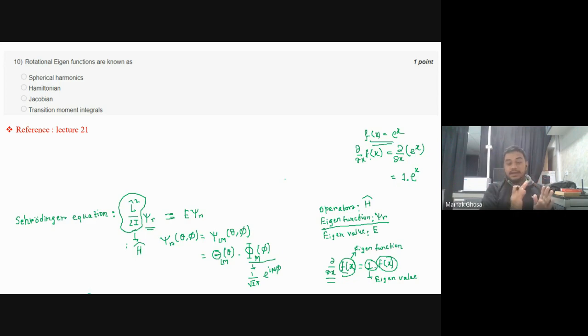So what have I done? This eigenfunction is a function of theta and phi, so I can separate the theta part and the phi part.